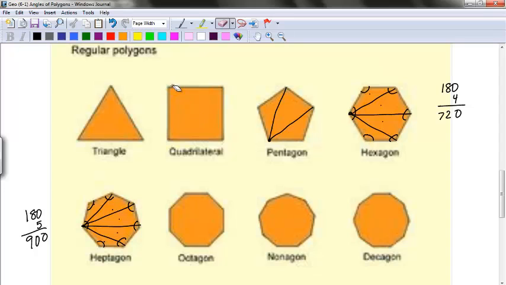If I take this one and extend this out, here's a right angle, extend this out, here's a right angle, and here's a right angle. No matter which ones, the sum of the exterior angles is always going to be 360. The interior I have to do a lot more calculation.